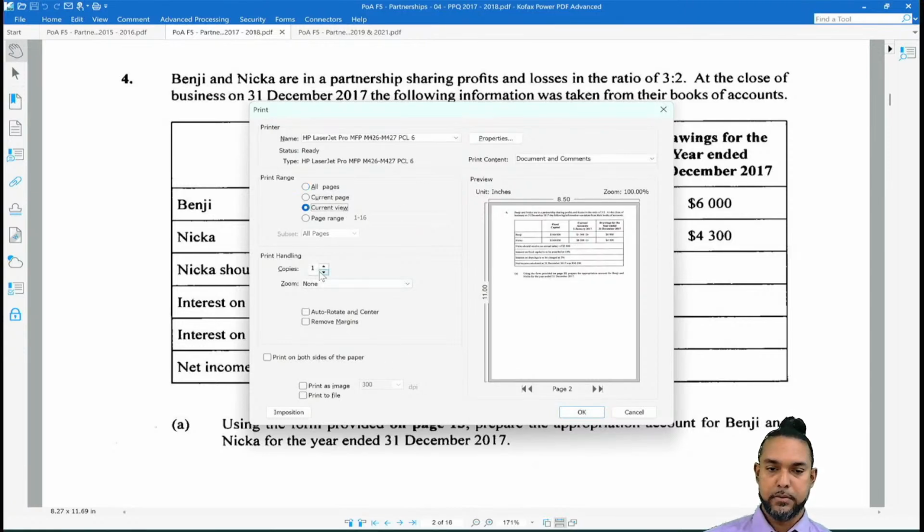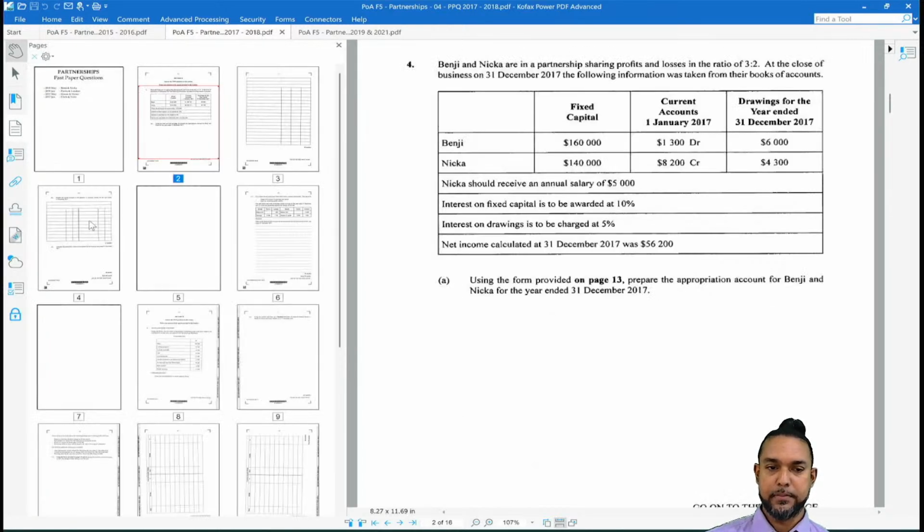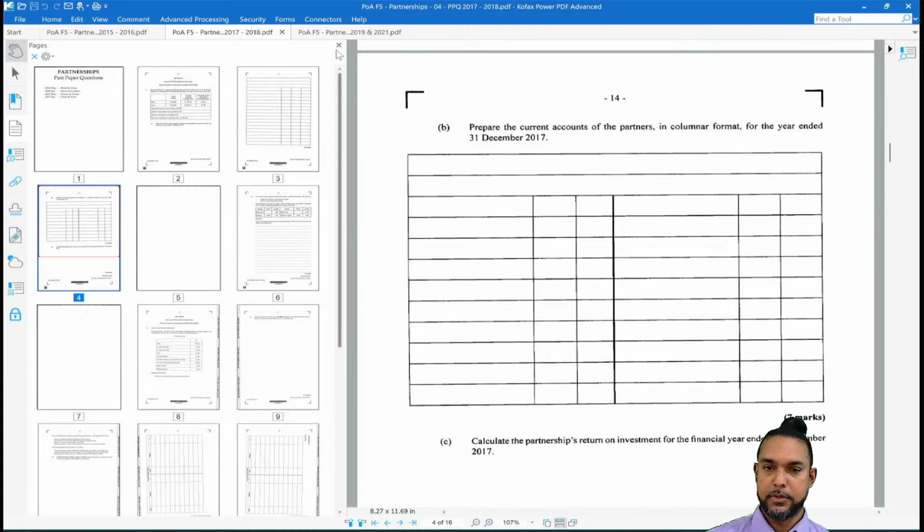So 12 and triple. All right, so this one's gonna come with.